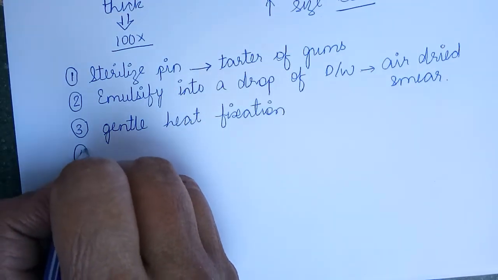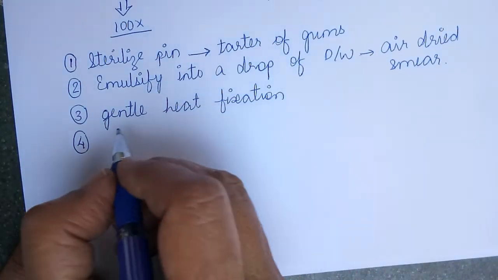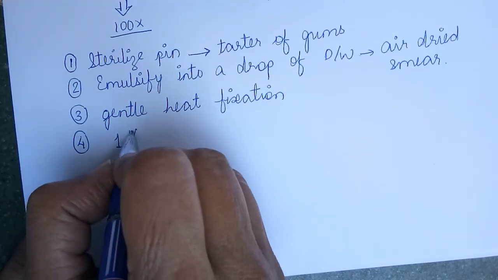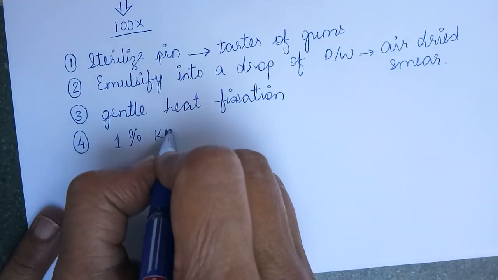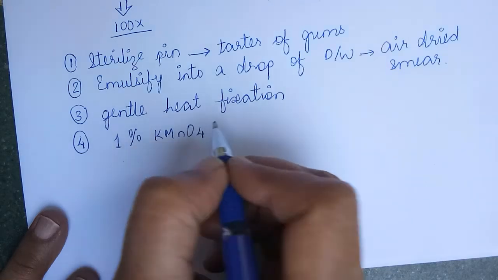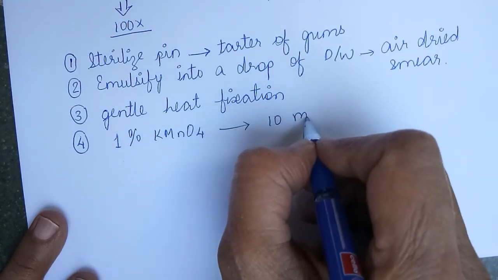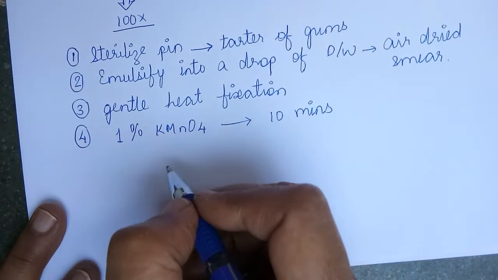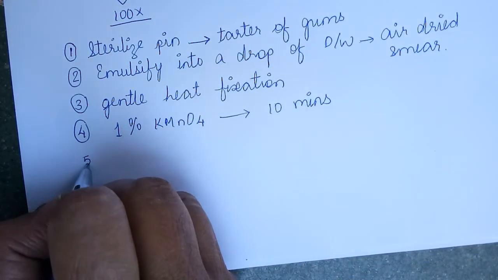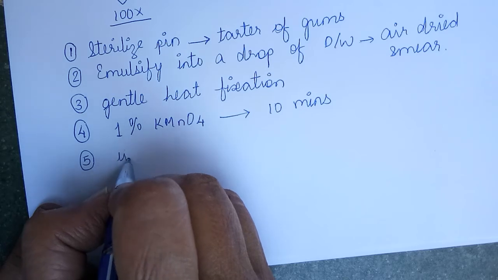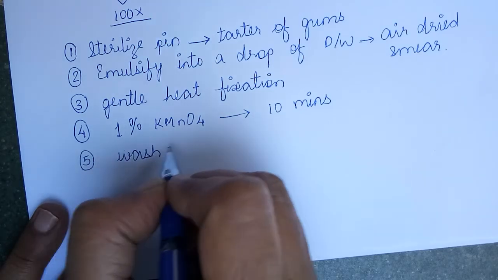The next step is to cover the smear with 1% KMnO4 and allow it to react for 10 minutes. The next step is to wash the slide with distilled water.